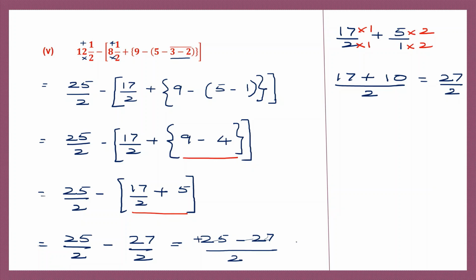So when signs are different, put the sign of the bigger number and subtract. So 27 minus 25 is 2. So minus 2 by 2, which is equal to minus 1. Because we divide 2 by 2, the answer is 1. So 2 by 2 is minus 1.